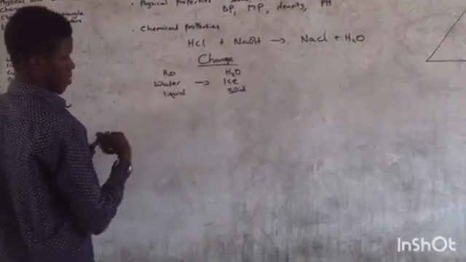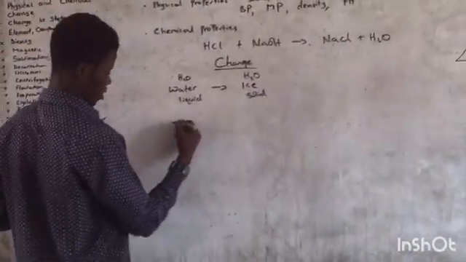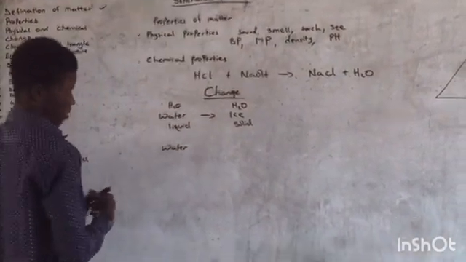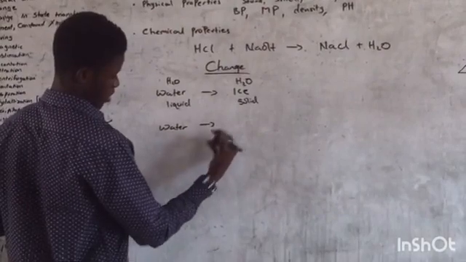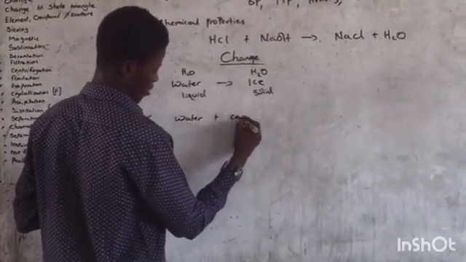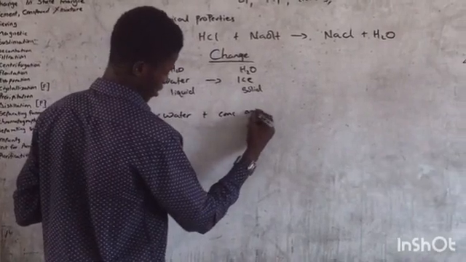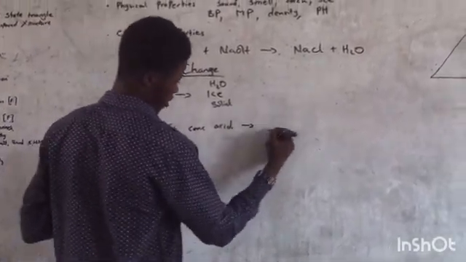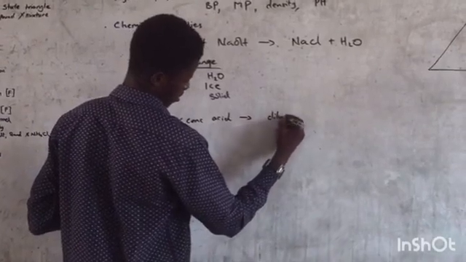When I react water and, let's say, concentrated acid, what I will form is a dilute acid.